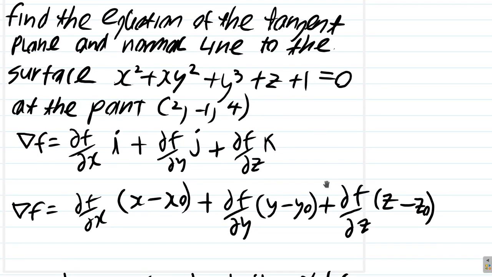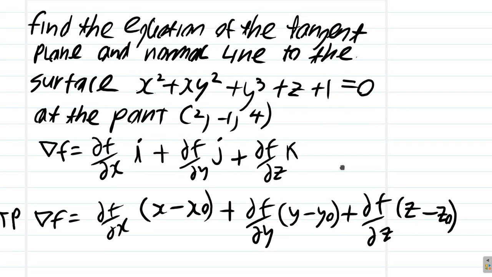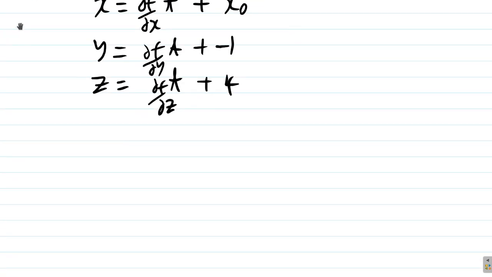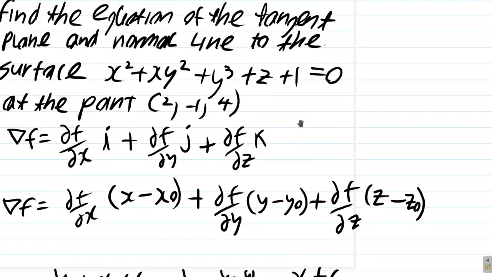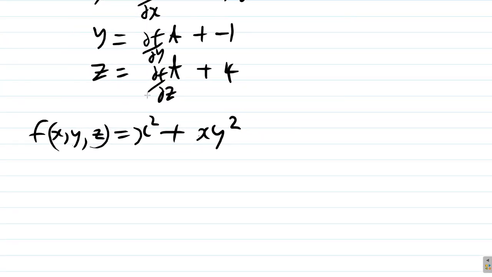Let's just repeat the equation here. The surface, f of x, y, z, is really x squared plus xy squared plus y cubed plus z plus 1 equals 0.